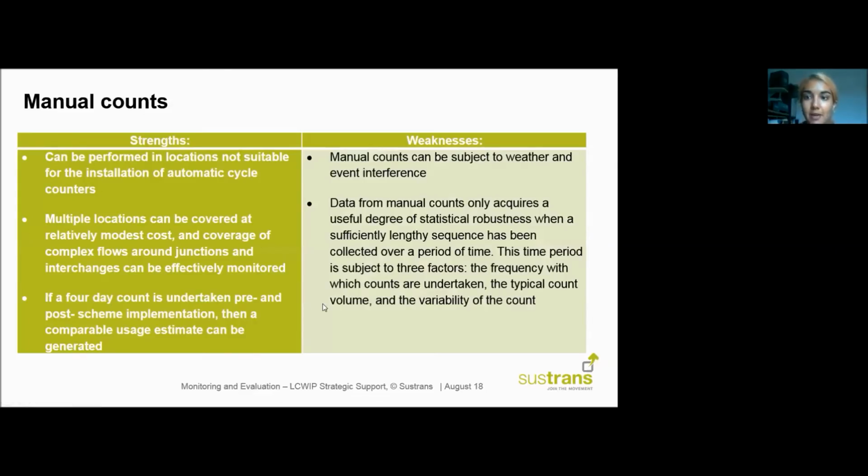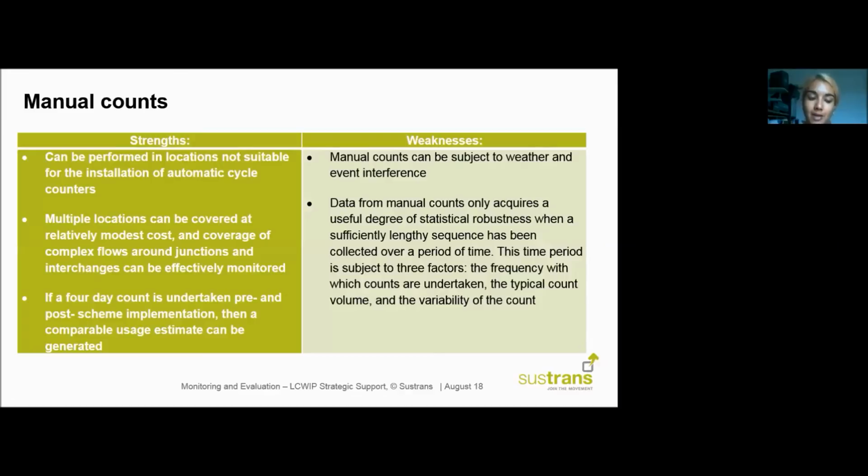Going back to the manual count advantages and disadvantages. As I said, you can conduct a manual count in locations where you may not be able to install a counter, and you may be able to cover more locations within the same budget for your monitoring. And they can be a robust way to compare usage pre and post if you carry out a manual count on a sufficient number of days.